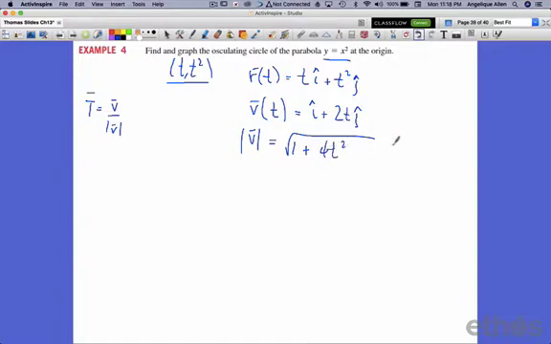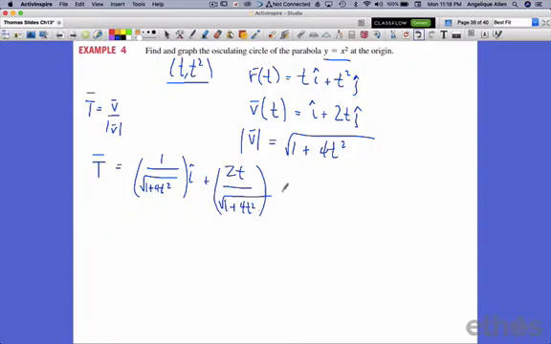All right, so to get T, we're going to do 1 over the square root of 1 plus 4t squared as our i component, and 2t over the square root of 1 plus 4t squared j. So that is our T vector.